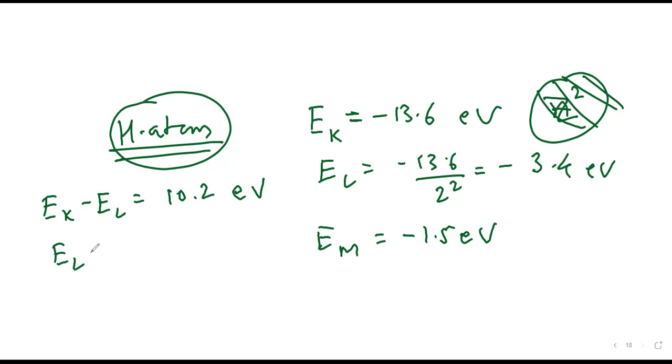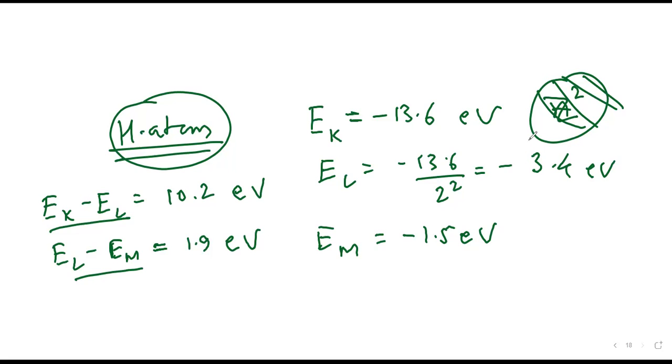So what will be E_L minus E_M? It's 1.9. So whose difference is more, this or this? The first one, E_K minus E_L, right?